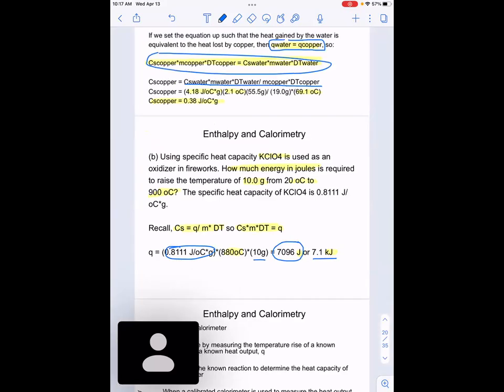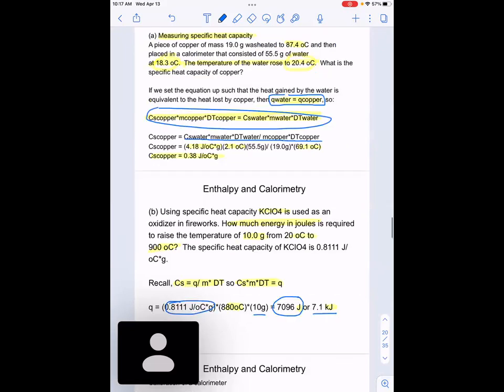All right, so we can find specific heat using a calorimeter if we add in some hot body and it transfers heat to a body at lower temperature. We can say that the two Qs are equal.